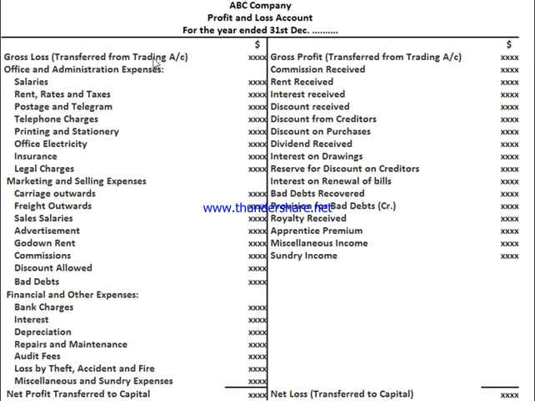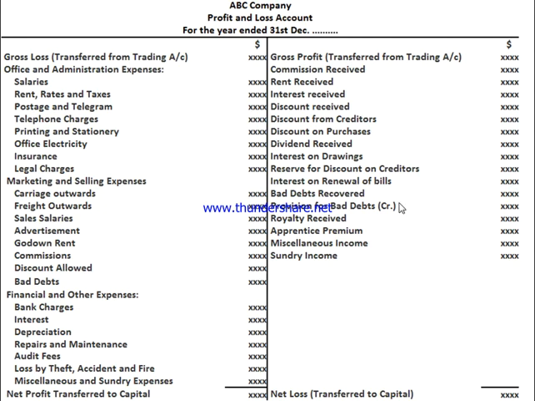Then all the expenses on the debit side, on the left hand side. While you are writing down the expenses, the expenses may be categorized under three further subheadings, or expenses may be written straightforward ignoring these three subheads.